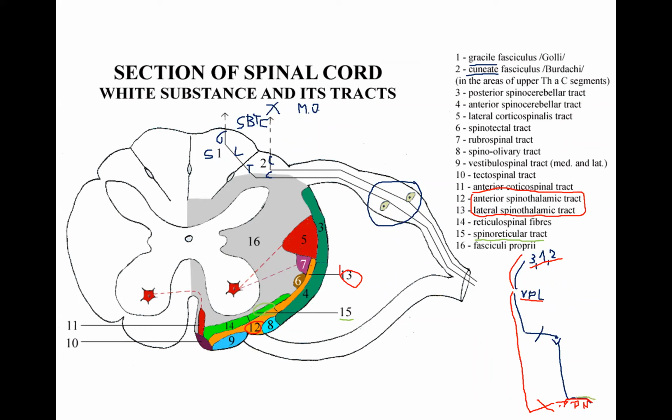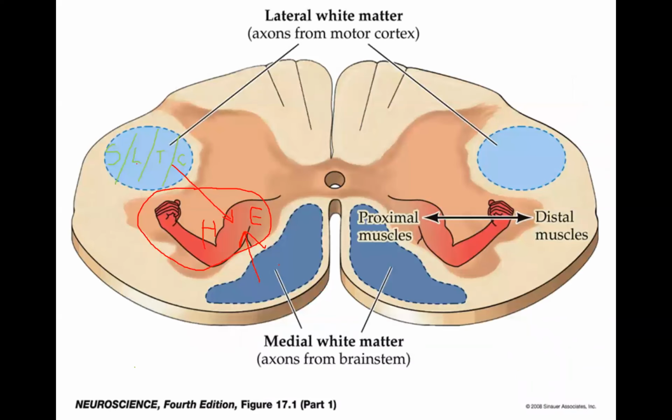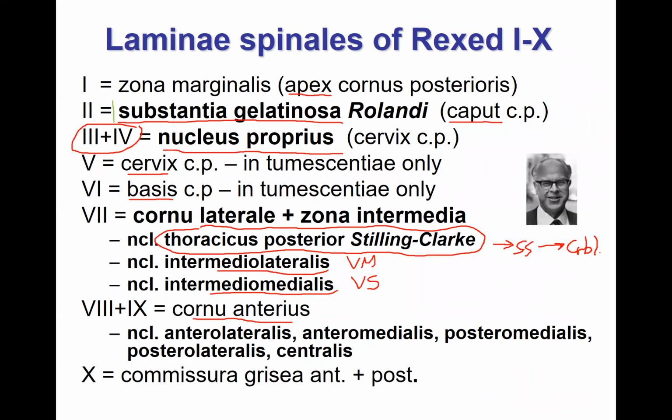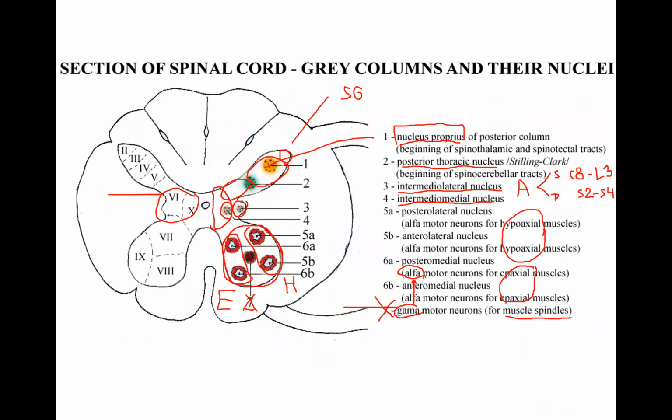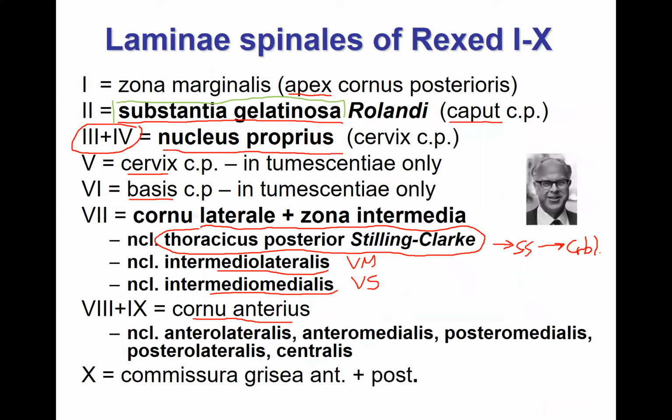It also comes here and is synapsed mainly in the substantia gelatinosa, which is in here. So now you understand why you should know these two nuclei.